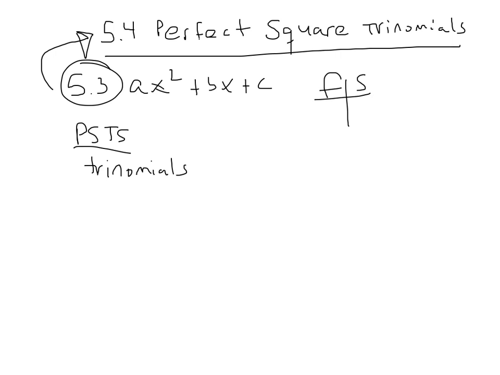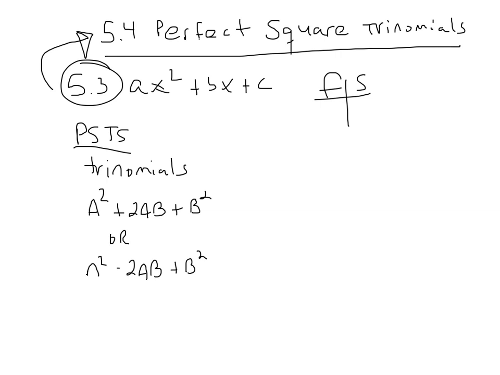and then they either come in the form of a squared plus 2 times a times b plus b squared, or they come in the form of a squared minus 2 times a times b plus b squared.